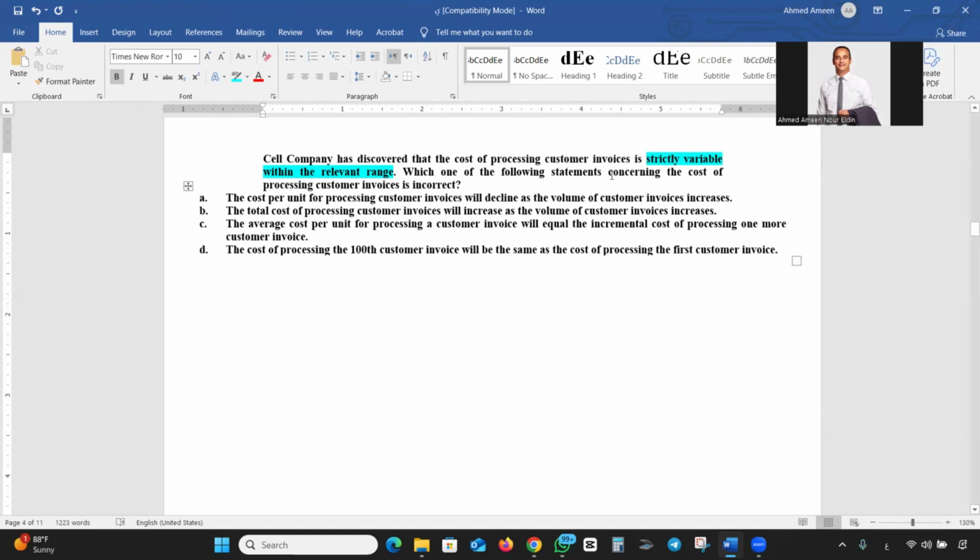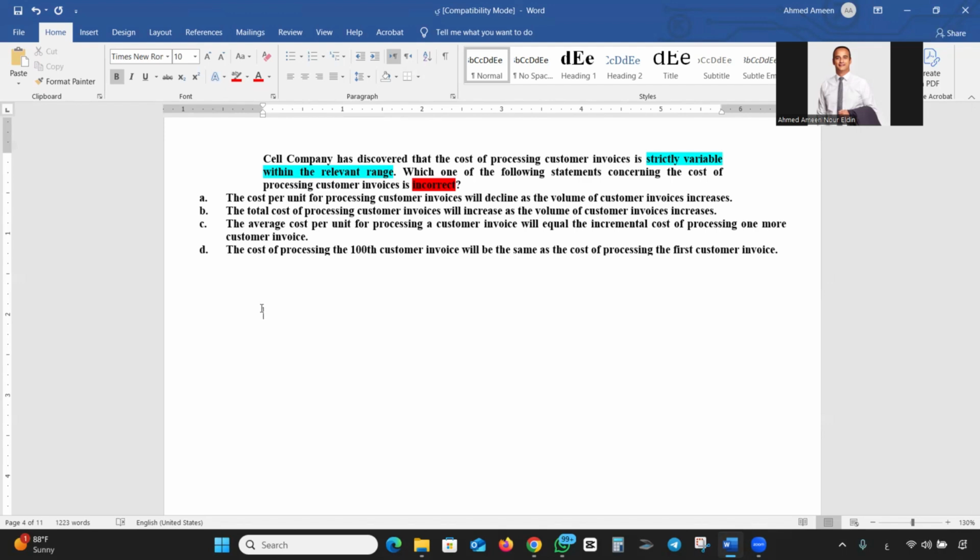Which one of the following statements concerning the cost of processing customer invoices is incorrect? I need an incorrect statement, one that is incorrect. If we are talking about variable cost, we have to take care that the cost goes with production.